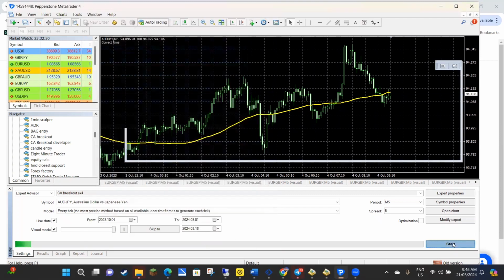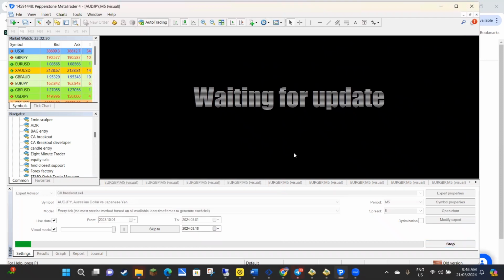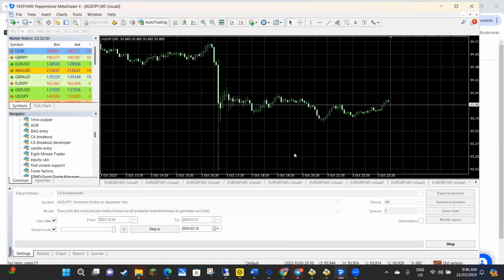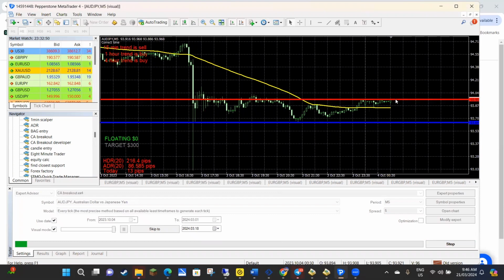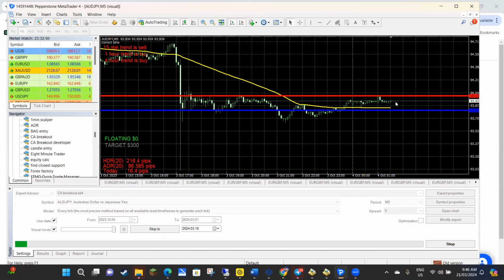And if we start the old back tester here, we can see the range, the top and bottom of the range.